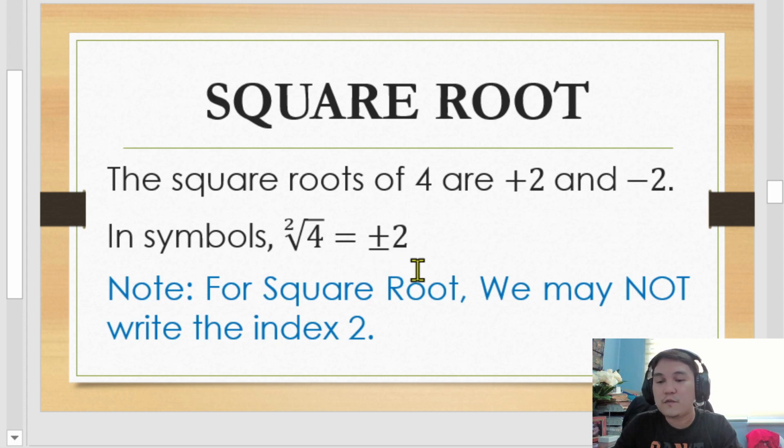So the square roots of 4 are positive 2 and negative 2. In symbols, we have square root of 4 with the index 2 is equal to positive and negative 2. Note, for square root, we may not write the index 2.